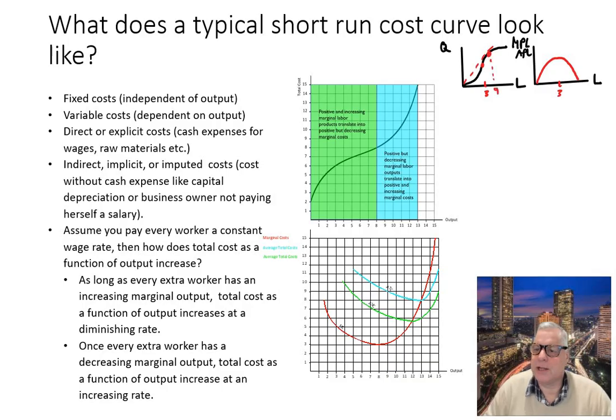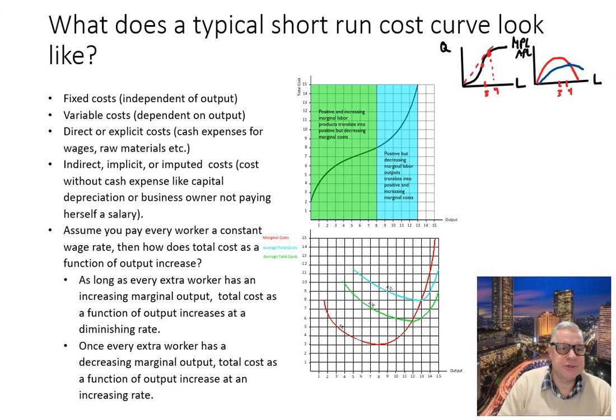Assume that value is 4. So at 4, this would be the average product. That's what we did, but the point is we converted labor input into output.